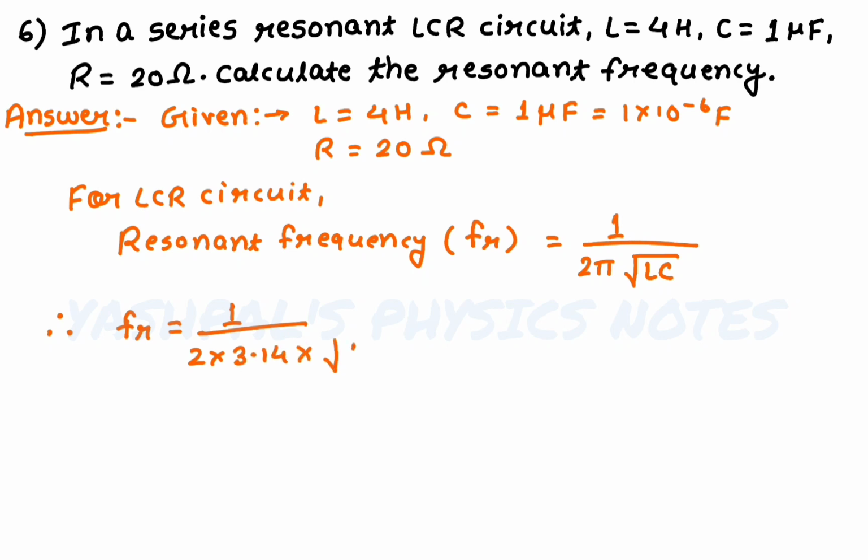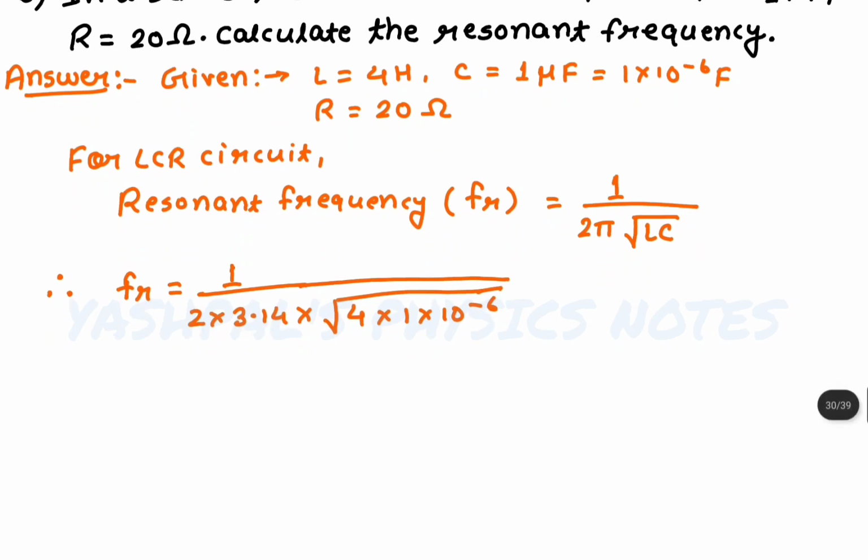What is the value of L? It's 4. And the value of capacitance, we have converted into standard form, 1 into 10 to the power minus 6. Always remember to convert the given data to its standard form. Therefore resonant frequency Fr, after the calculation you will get 79.61 Hertz. This will be your final answer. So unit of frequency is Hertz. Let's move to the next question.